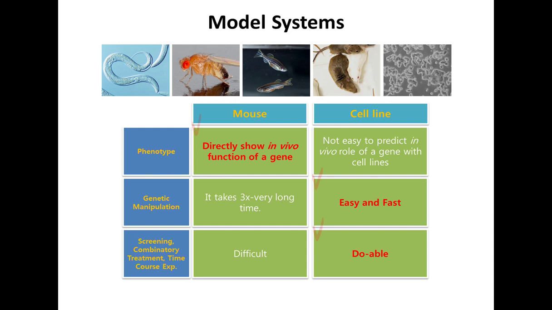If I compare mouse and cell lines, then the very obvious point is that in the mouse, since we can observe phenotype by looking at the mutant physiology and histology, we can sometimes directly show the in vivo function of a gene. But to be able to do so in the cell line is not so easy as it is in the mouse. Whereas even after the CRISPR revolution, I think genetic manipulation is still difficult in mouse.